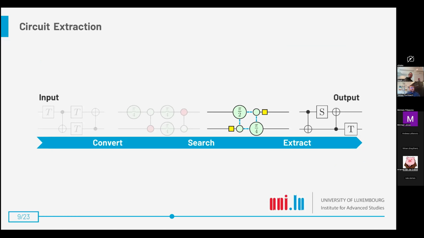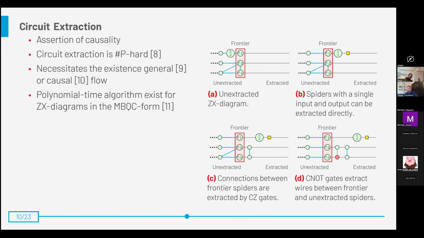So now I just want to recall a little bit on the circuit extraction part of this whole optimization pipeline, because this is actually quite interesting. Circuit extraction is not just a mere conversion. I mean, we can take just our table with quantum gates and ZX spiders and plug them in and convert everything.